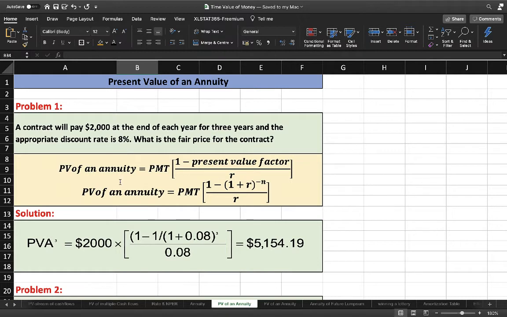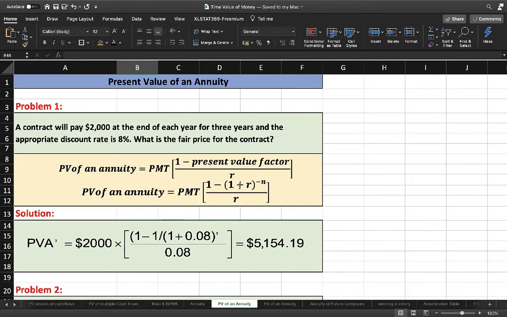So normally the formula that applies here is present value of an annuity equals PMT multiplied by 1 minus present value factor, upon R, that is interest rate. This present value factor is explained here. PMT is the payment made, that is 2000 here.